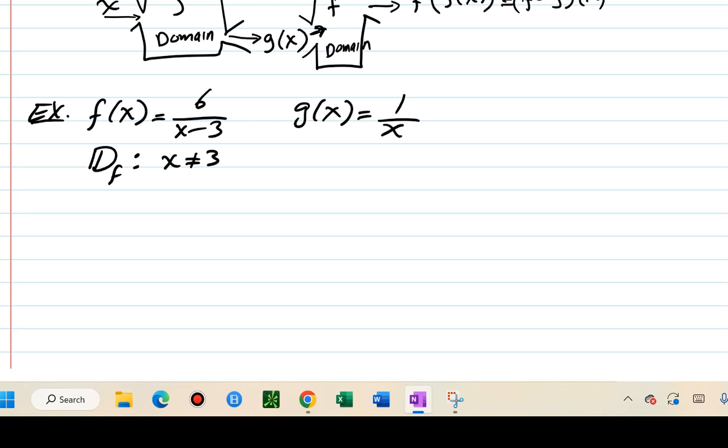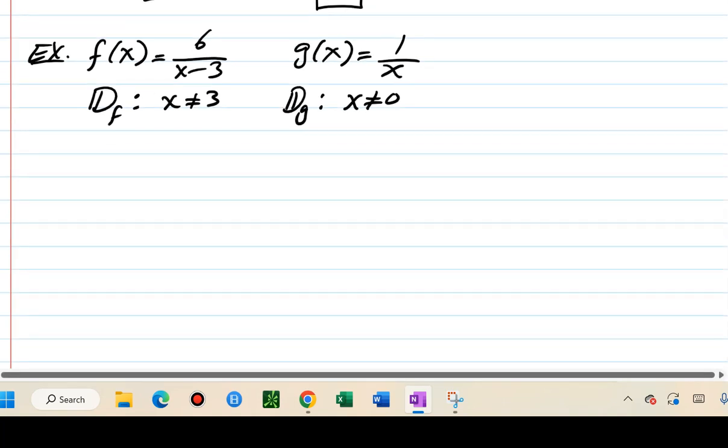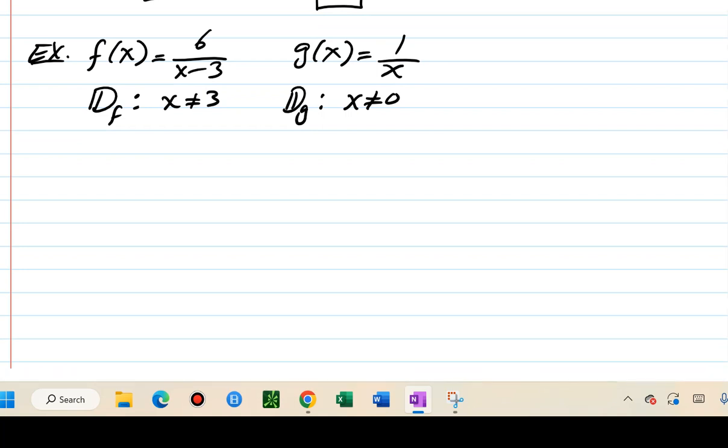So x cannot be 3, because if it is, we get 6 over 0, which is undefined. The domain of g will be all real numbers except what makes the denominator 0. So for this one, x cannot be 0. Therefore, keep in mind, in our toolbox of numbers, we are not given 0 or 3.